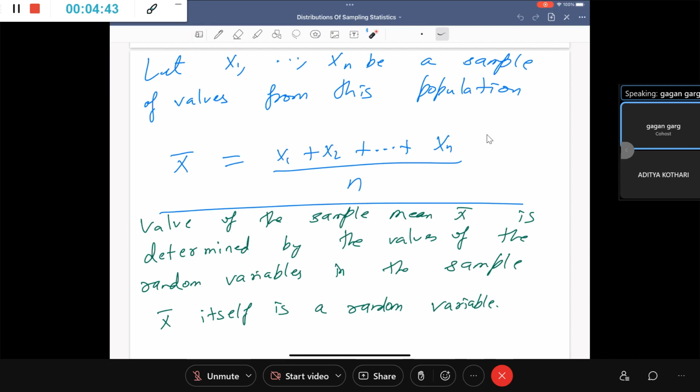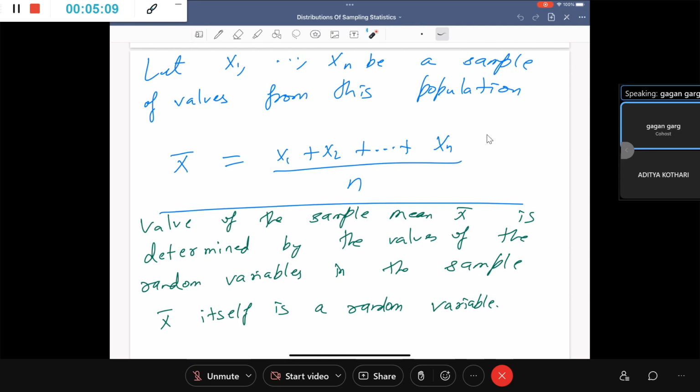Suppose you were to talk about the average height of the adult population, and you are taking a sample of 1,000 people, and that sample of 1,000 people will depend upon who is making the selection. So, for example, in this class, Aditya may make a different selection of 1,000 people in India to measure their height. Vidhi may make a different selection of people. Anand may make a different selection of people.